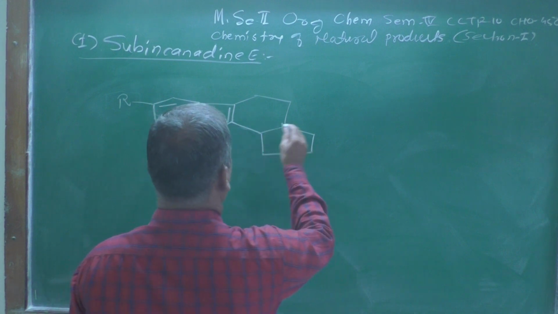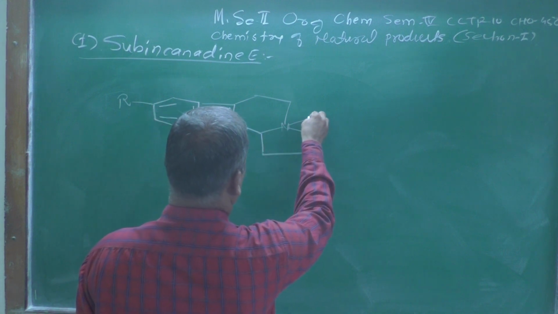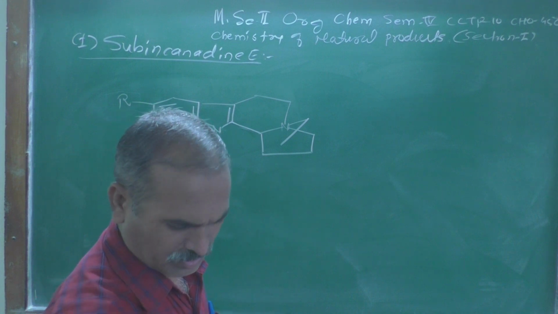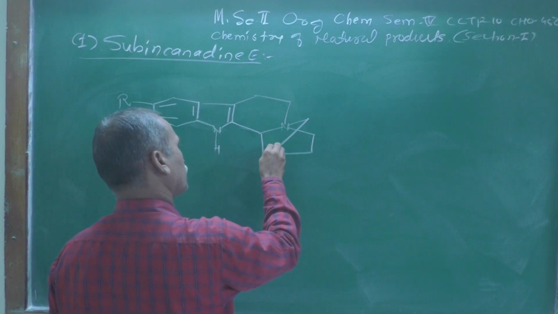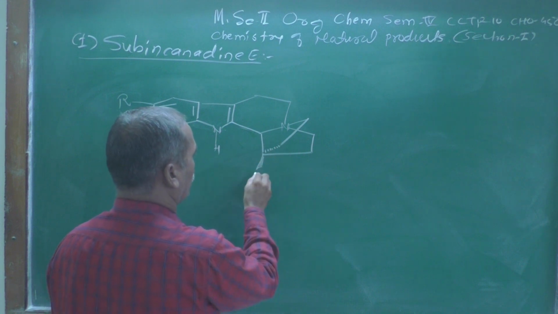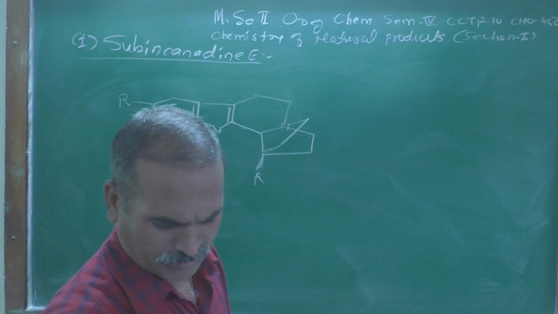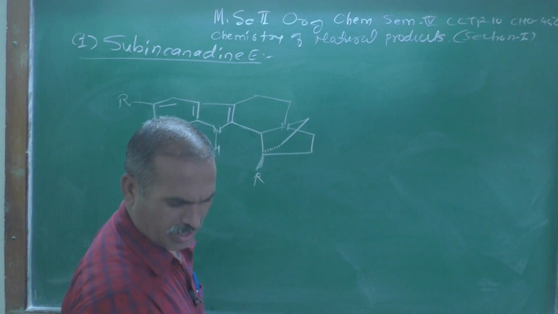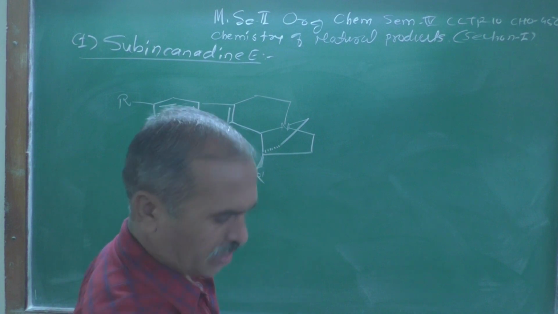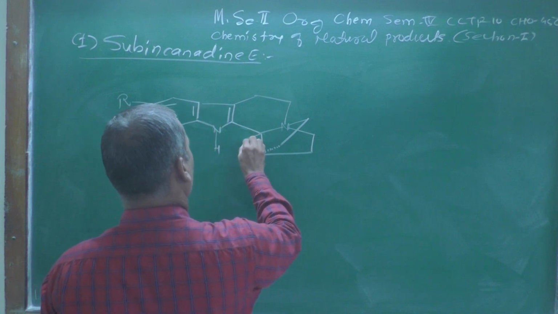This nitrogen is tertiary. Here a group is attached, and this group is above the plane, which is known as R dash. Here is the methyl group.